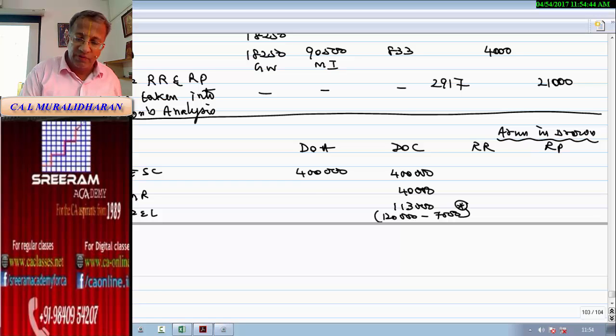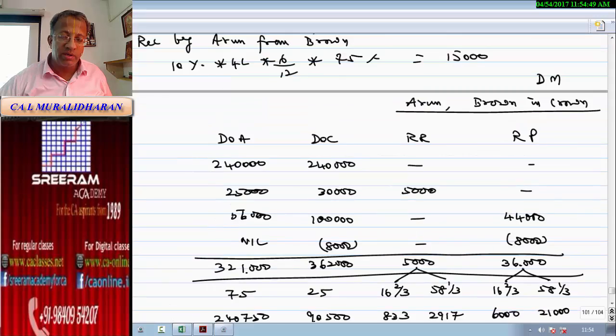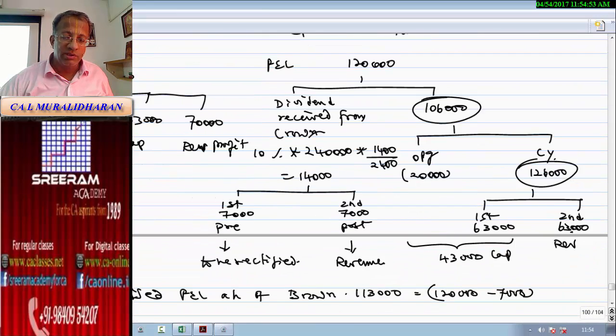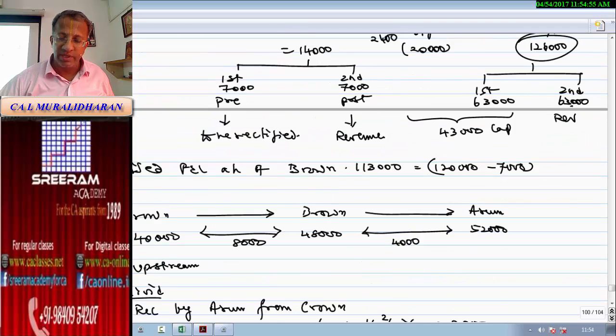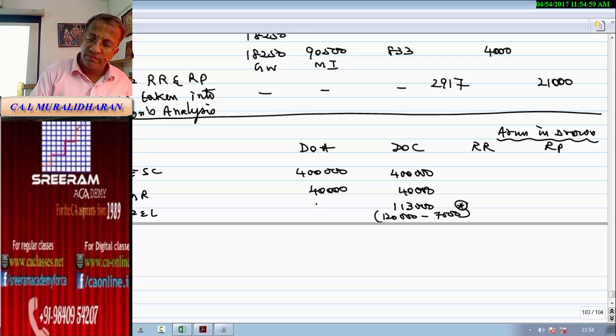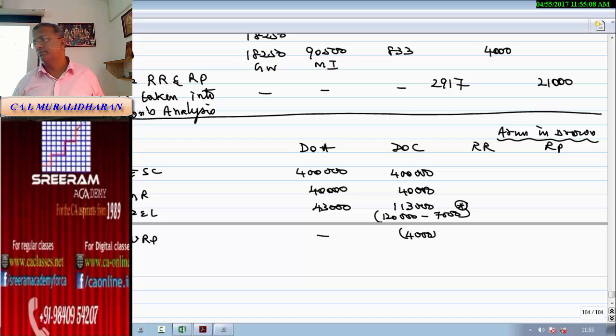Four lakhs. General reserve 40,000. Profit and loss account. Remember our discussion on profit and loss account. So 43,000 we have taken up as capital profit, isn't it? Then unrealized profit, 4,000 negative figure.